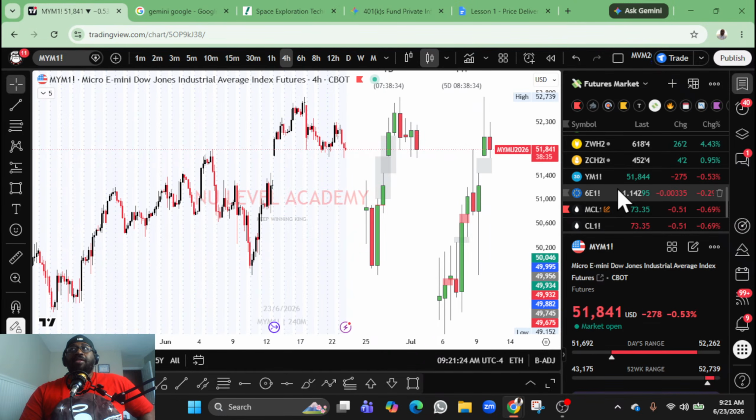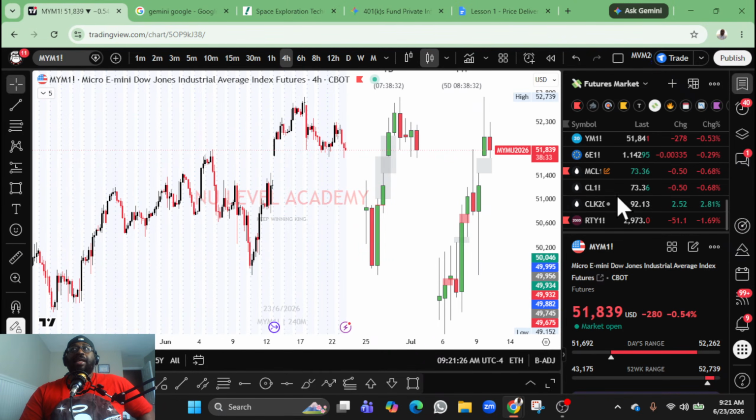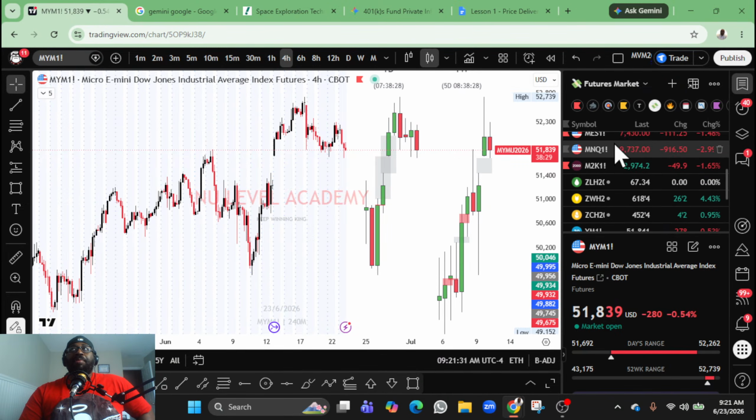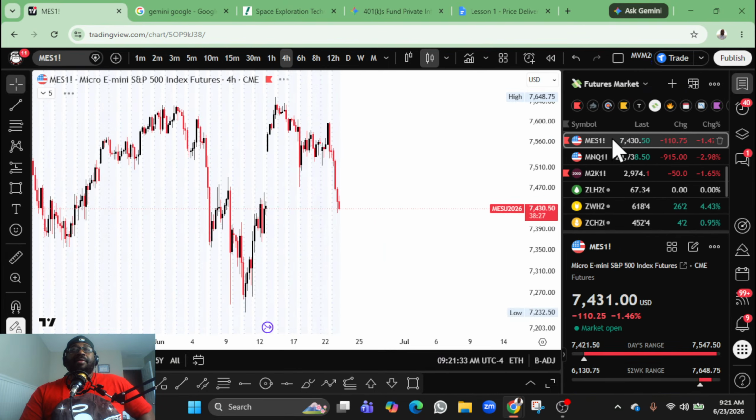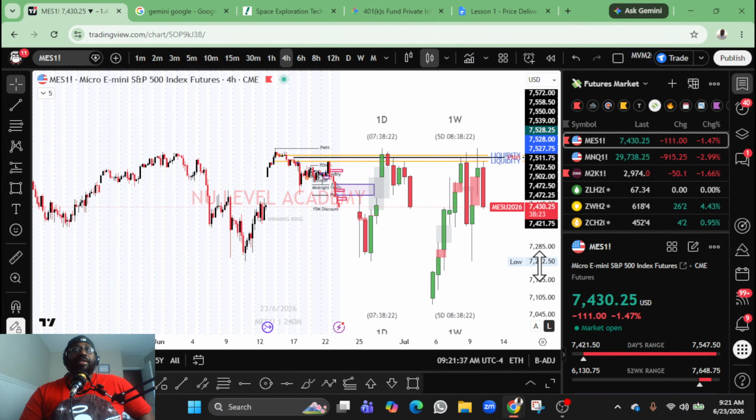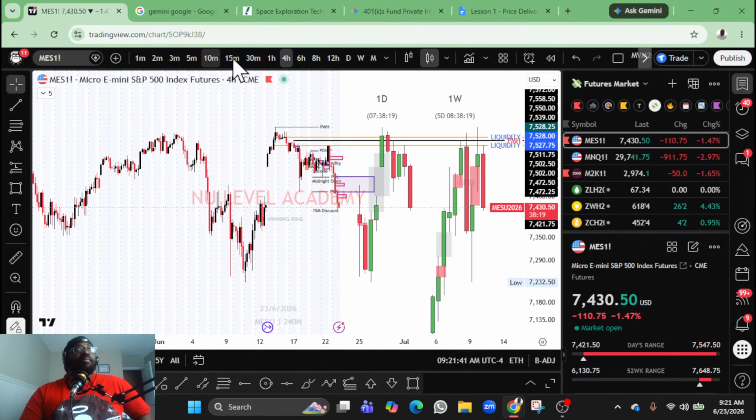Hmm. So it's interesting what we're going to see today. Like I tell you all, my plans are to see if we could get some level of a retrace, some form of a retrace, right?